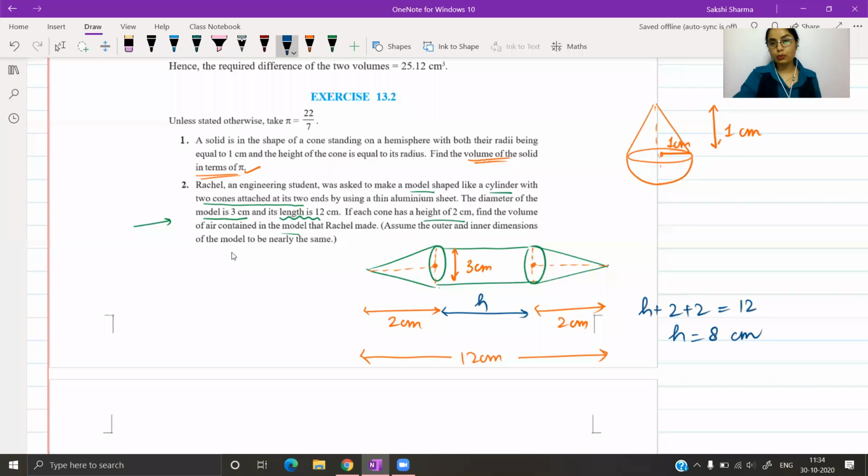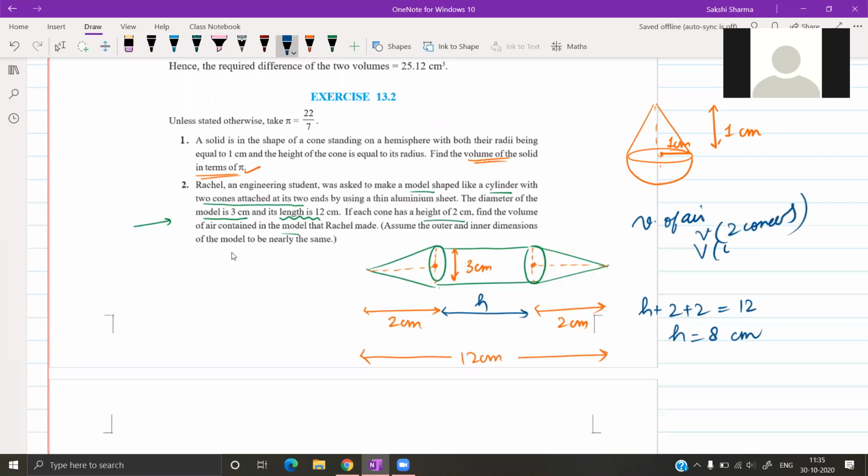Now, to find out the volume of the air contained inside this model, what shall we do? All the solids that you see here, the volumes need to be added. So the volume of air in this model will be volume of the two cones plus the volume of the cylinder.